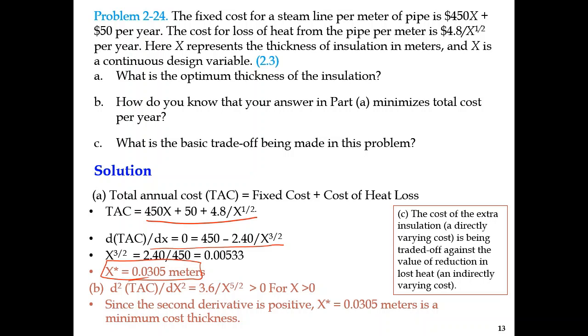And in order to understand that this is the minimum point, we take the second derivative and we observe that it is greater than 0 since the thickness is always greater than 0. So it means that this point is the minimum point. Okay, so we will continue our discussion on cost concepts in the next lecture.